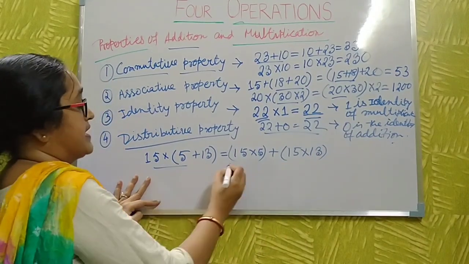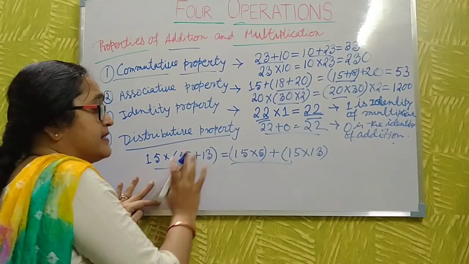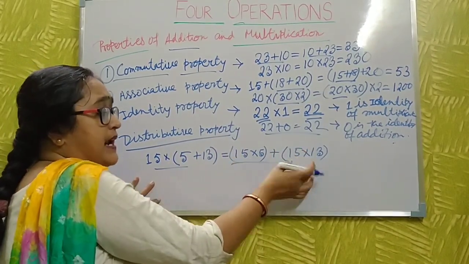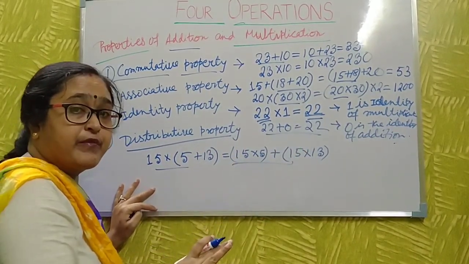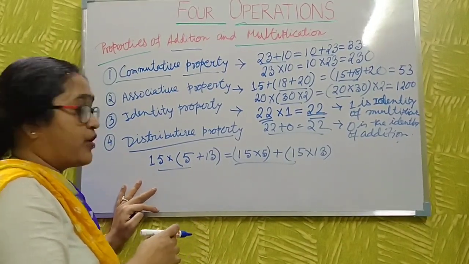The result becomes the same. If you add then multiply, or multiply and multiply then add, the results are the same. This property is called the distributive property.